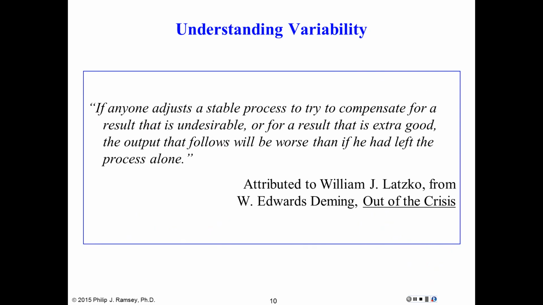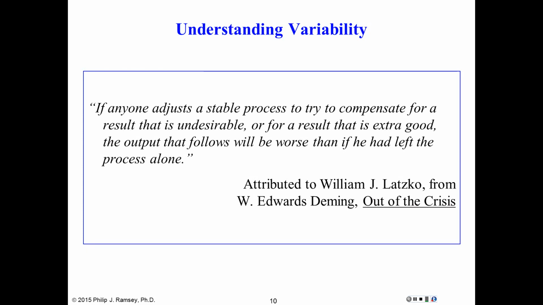Okay. And to summarize from Out of the Crisis is the following summary. If anyone adjusts a stable process, meaning only common cause variation, to try to compensate for a result that is undesirable or a result that is extra good, the output that follows will be worse than if he or she had left the process alone.